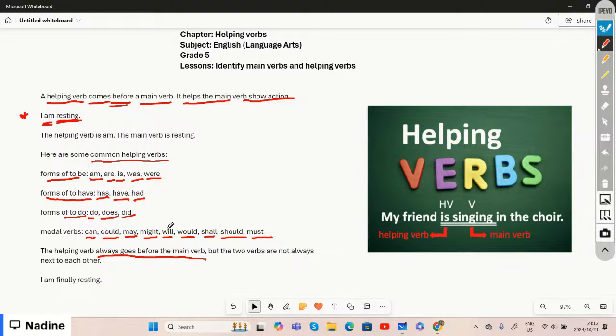But sometimes the helping verb and the main verb are not next to each other. The helping verb you will always find before the main verb, but it's not always next to it.